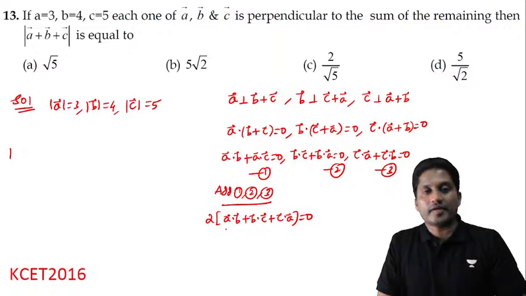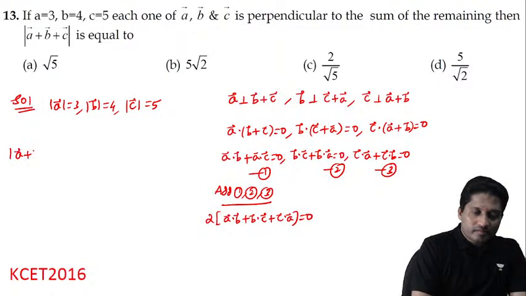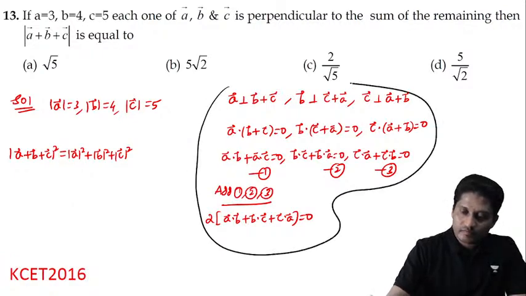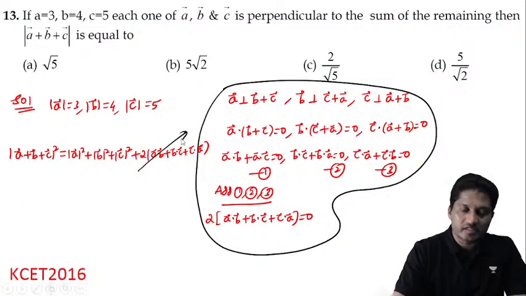Now I am supposed to find the value of modulus of A plus B plus C. Mod of A plus B plus C whole square is equal to mod A square plus mod B square plus mod C square plus 2 times A dot B plus B dot C plus C dot A. Just now I proved that A dot B, B dot C, C dot A sum is 0.